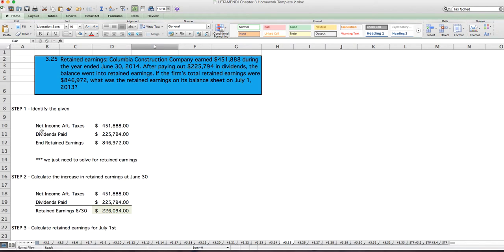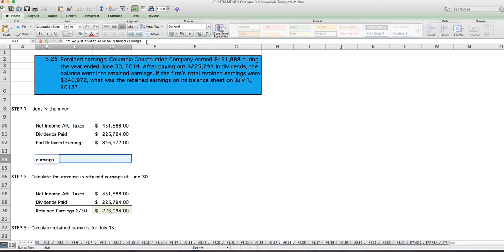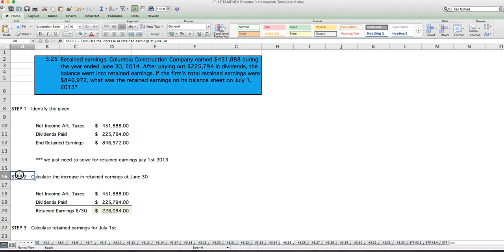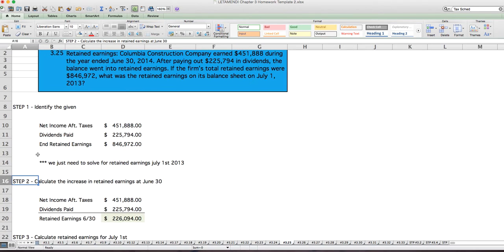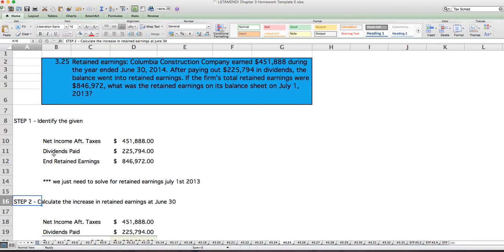Okay, so now here we have to identify the given. We know the net income after taxes, we know the dividends paid, and we know the end retained earnings. We have that already. We just need to solve for the retained earnings July 1st, 2013. All right, so let's put it July 1st, 2013. The second step is to calculate the increase in retained earnings at June 30th.